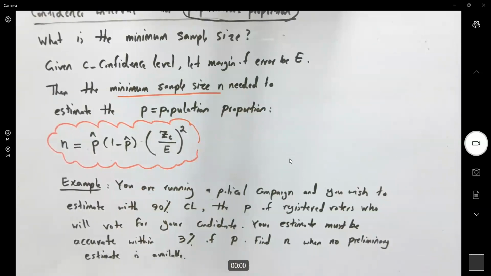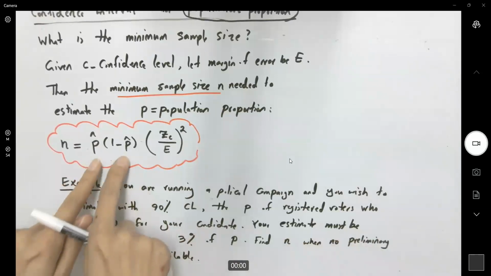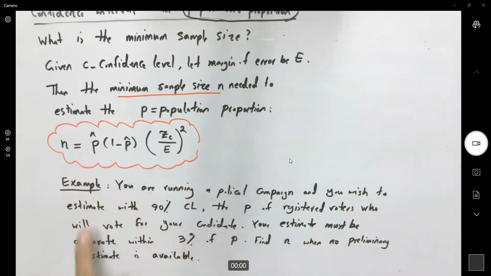Very good. So what do we have here? What information is given to us and how can we use this formula? Take a look at the question, read it carefully. You are running a political campaign. You wish to estimate with 90% confidence level.